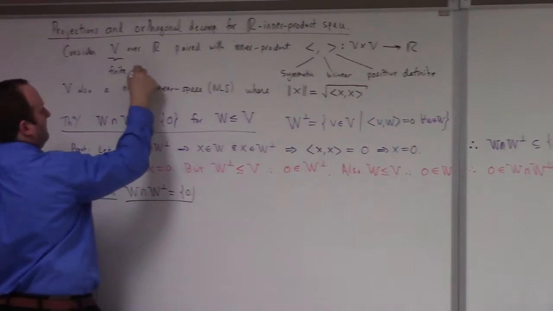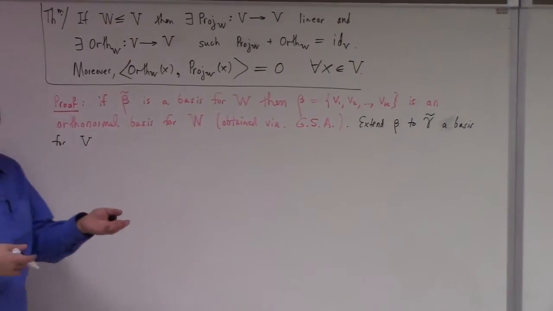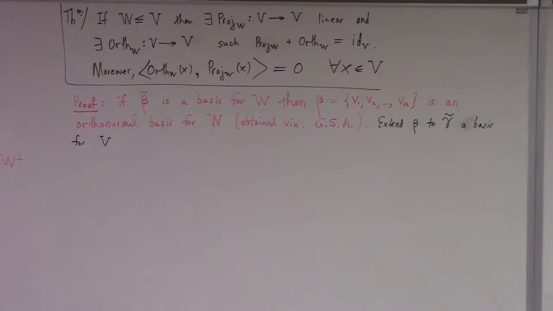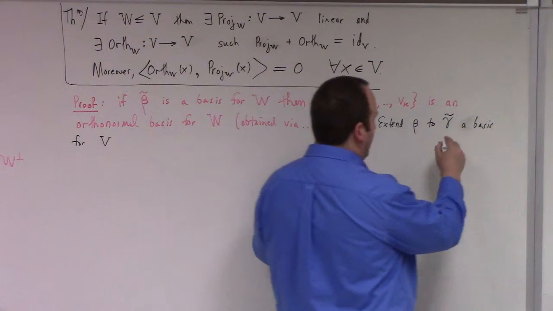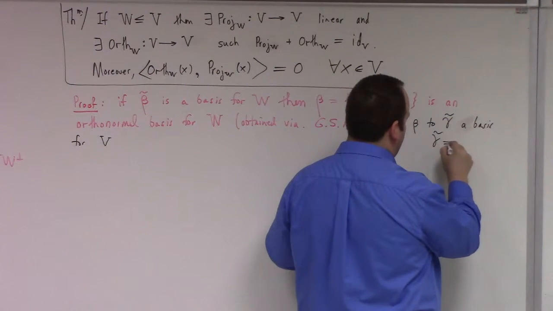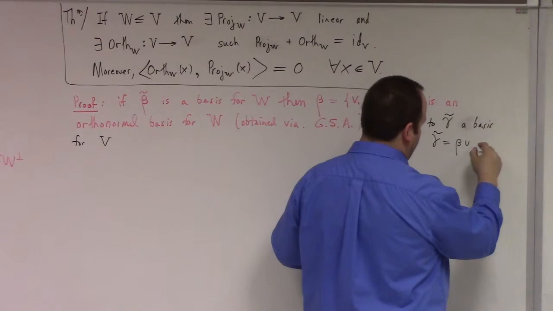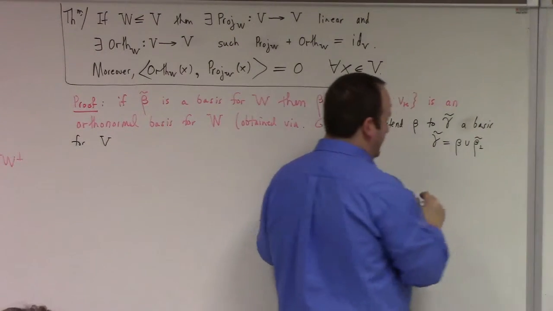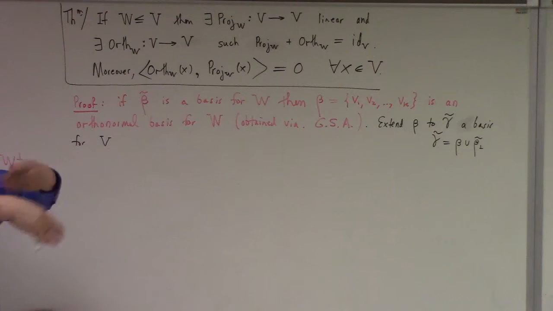All right. So now, this gamma tilde is not necessarily going to be an orthonormal basis, right? We didn't get that from our earlier theory, but what can we do then? You run gamma tilde through the Gram-Schmidt algorithm, right? Gamma tilde is equal to beta union with, say, beta perp tilde. After you run the Gram-Schmidt algorithm, of course, beta stays fixed, right? What happens when you orthonormalize a set which is already orthonormal?